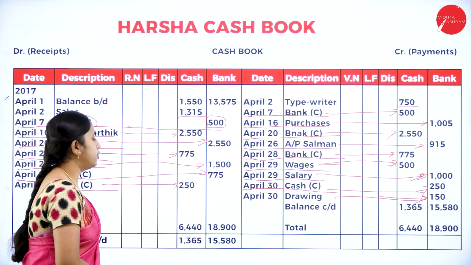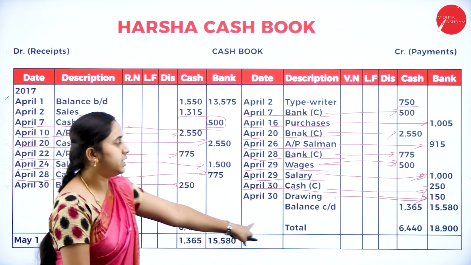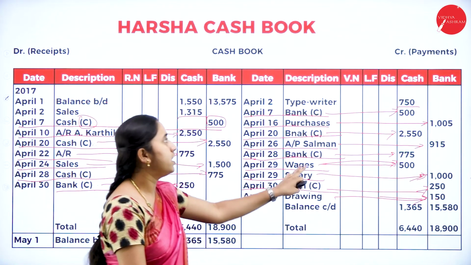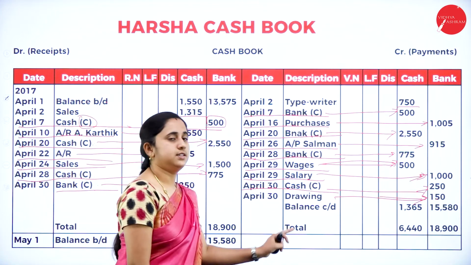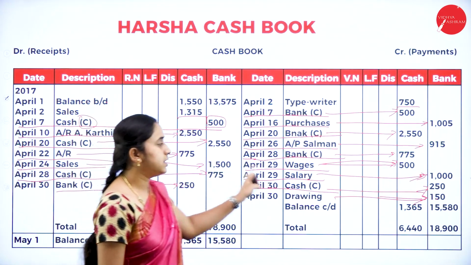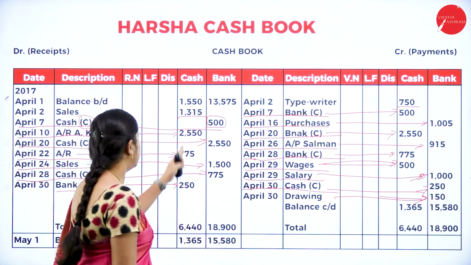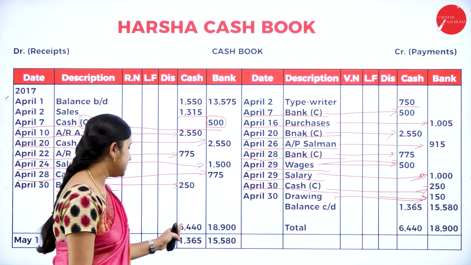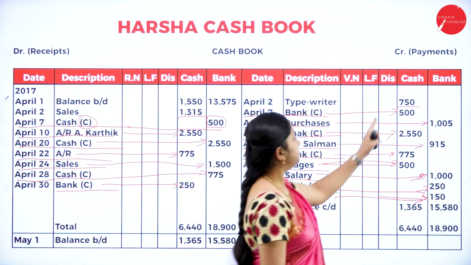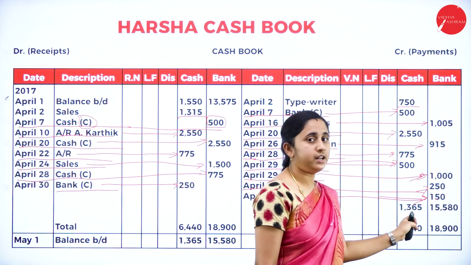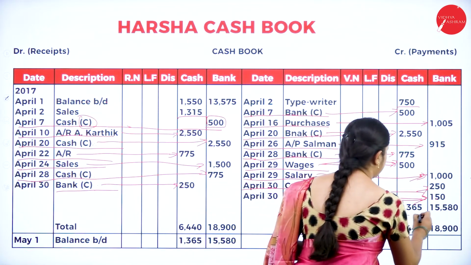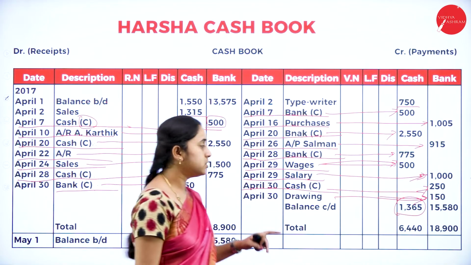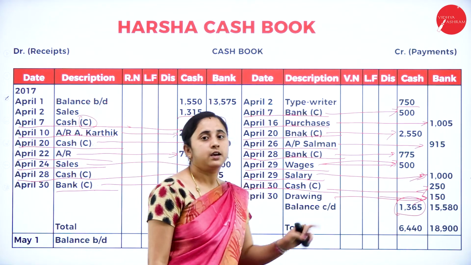And bank balance of debit side 18,900, both the sides 18,900, right? Now find the difference between the debit and credit side. First, total of debit side 6,450 and total of credit side cash. Just find the difference. 1,365 is the difference. So it is considered as balance carry down.